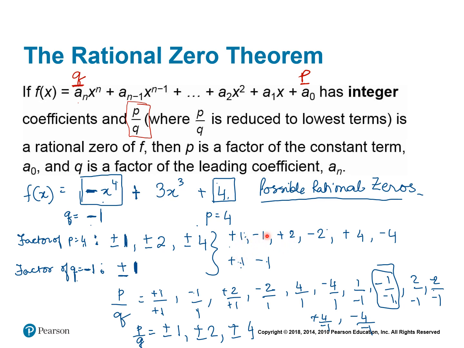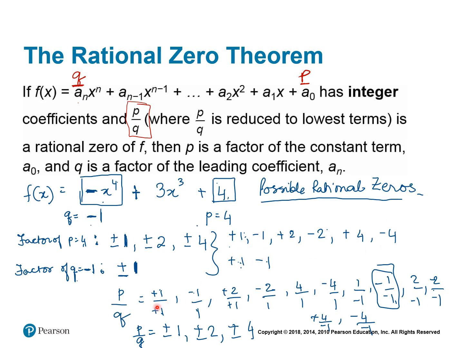Take all your P values and divide them first with the first factor of Q, which is plus 1. So 1 over 1, -1 over positive 1, plus 2 over plus 1, -2 over plus 1, 4 over plus 1, -4 over plus 1.